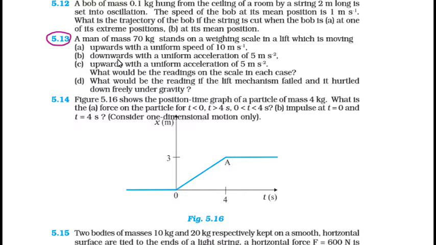What would be the reading on the scale in each case? D, what would be the reading if the lift mechanism failed and it hurtled down freely under gravity? So let us see what is the solution.